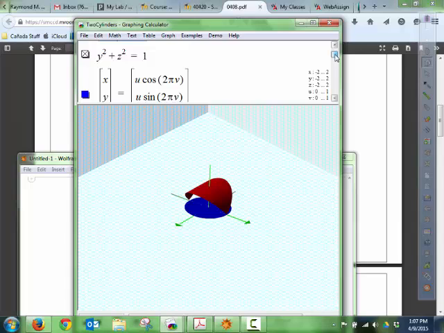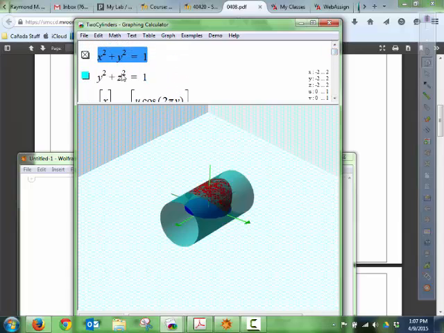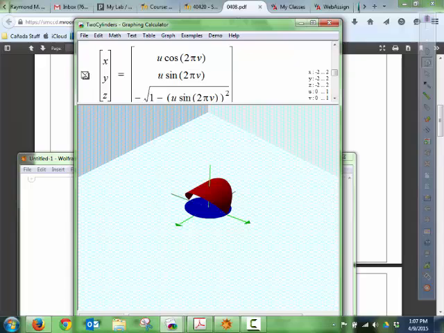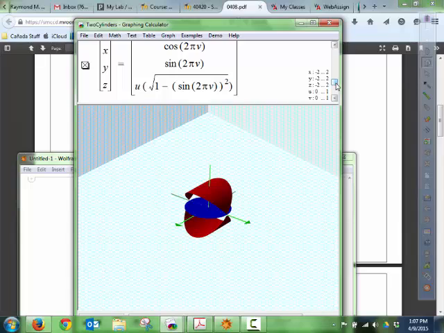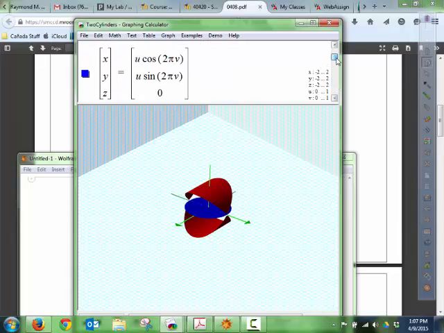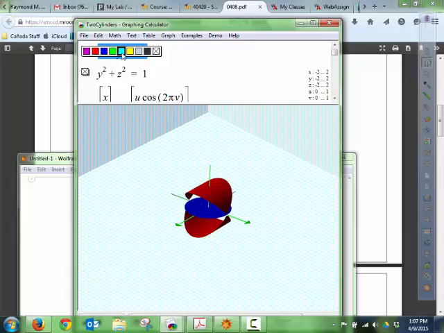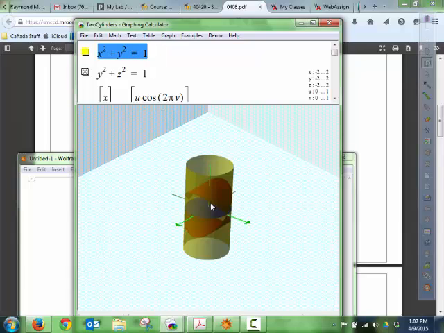If we take a look at one of the surfaces restricted to just this domain, this is the top part of that cylinder that's laying sideways. That cylinder is this one, right? So the top part of that is this, when we're restricted to just that domain, and then we can attach the bottom part to that. If we want to cover the sides, we can put that cylinder back, but it's going to cover the whole thing.